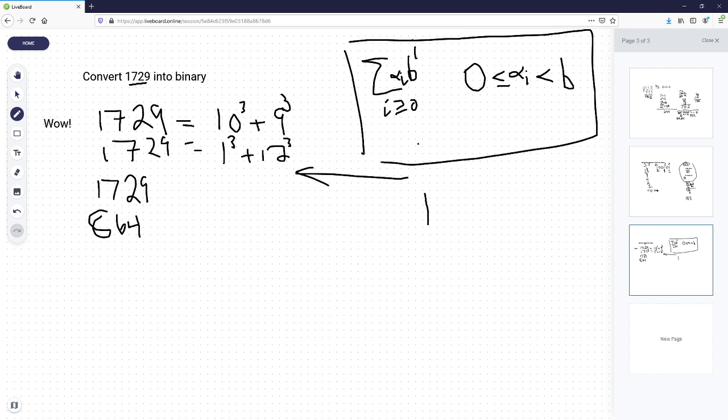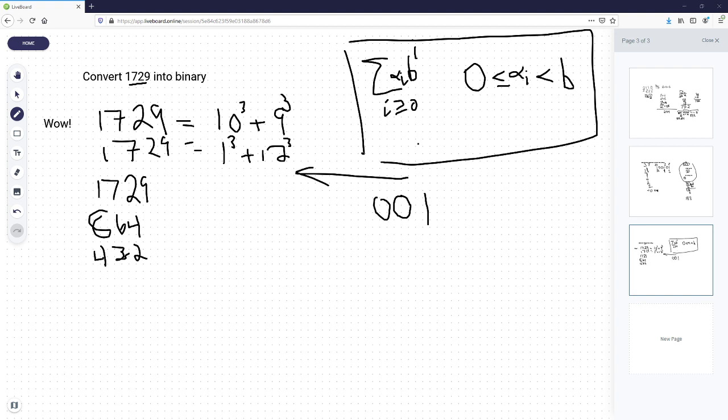So 864 is even, so we put a 0 in that slot. We divide by 2. We get 432. Which is also even. Put another 0.